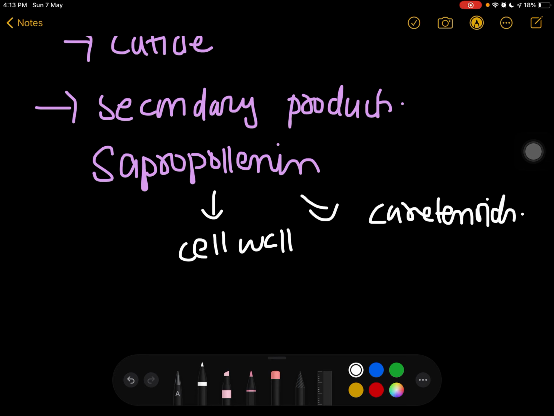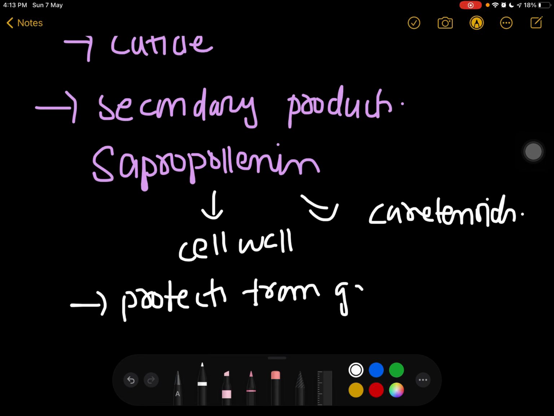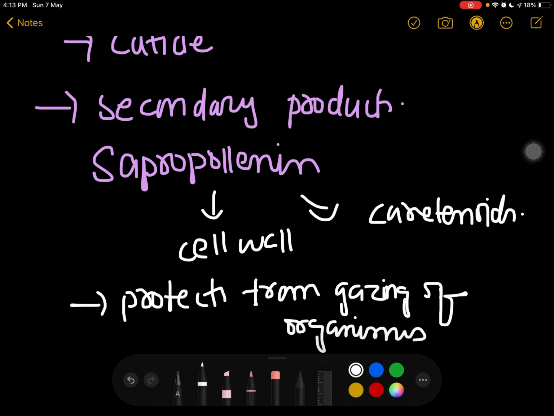It forms a tough, thick layer over the cell wall, and it protects from the grazing of organisms or microorganisms, right?